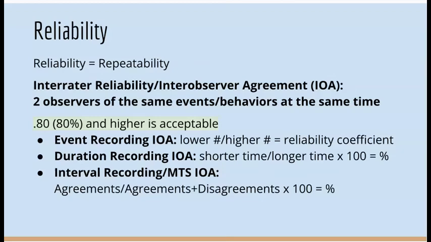You want to have confidence that you're measuring the same thing. At some points you will want to measure and score the same behaviors and determine how reliable your scores are. And this is when you would use one of these different calculations to determine your reliability.